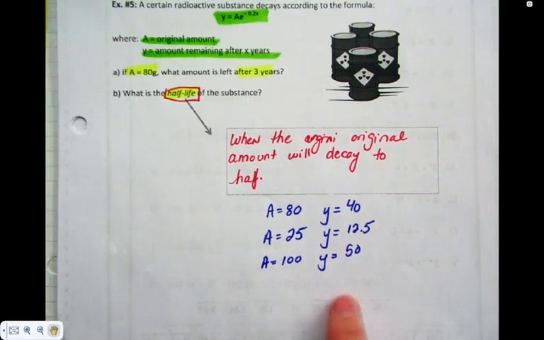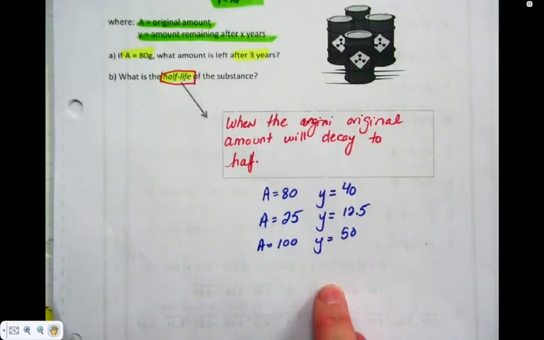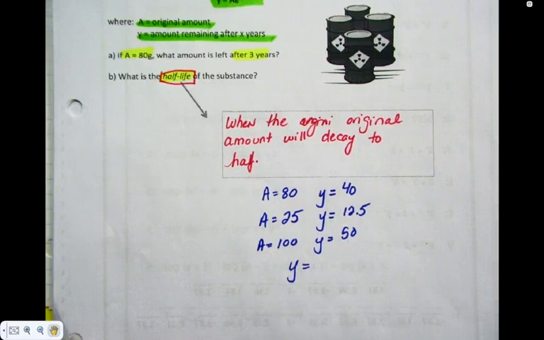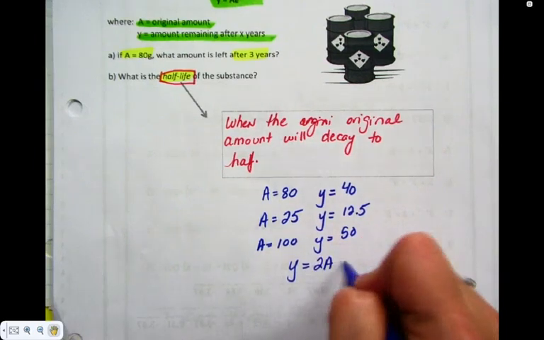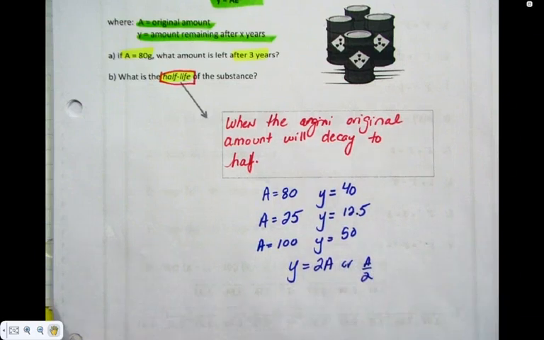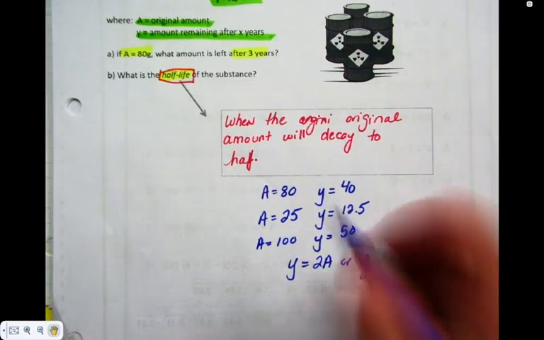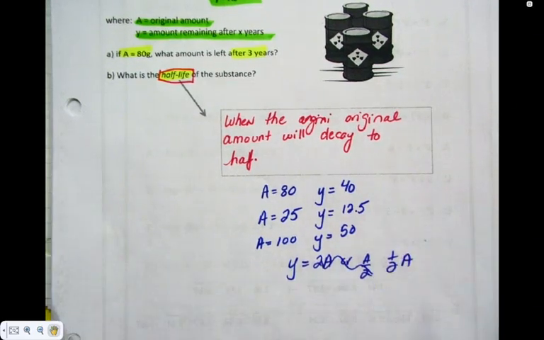So what's the relationship between A and Y? So Y equals 2 times A, or A divided by 2? Because I just heard both of them. Fight it out. It's A divided by 2. So Y has to equal a half of A.